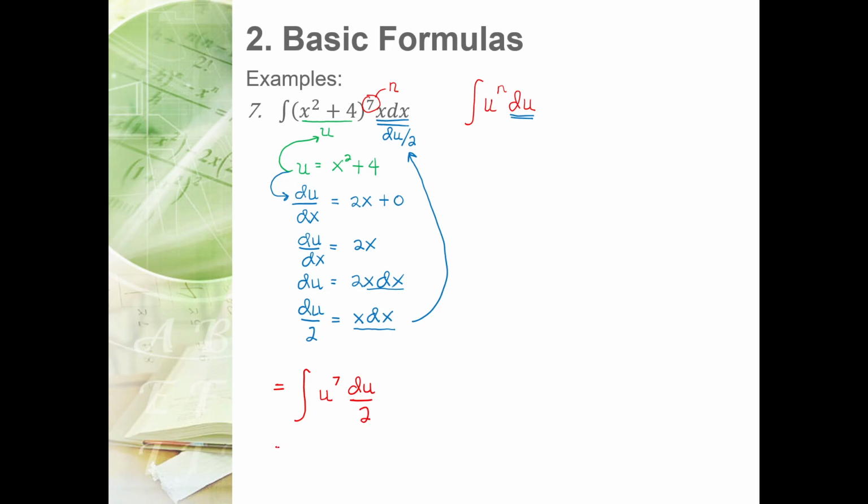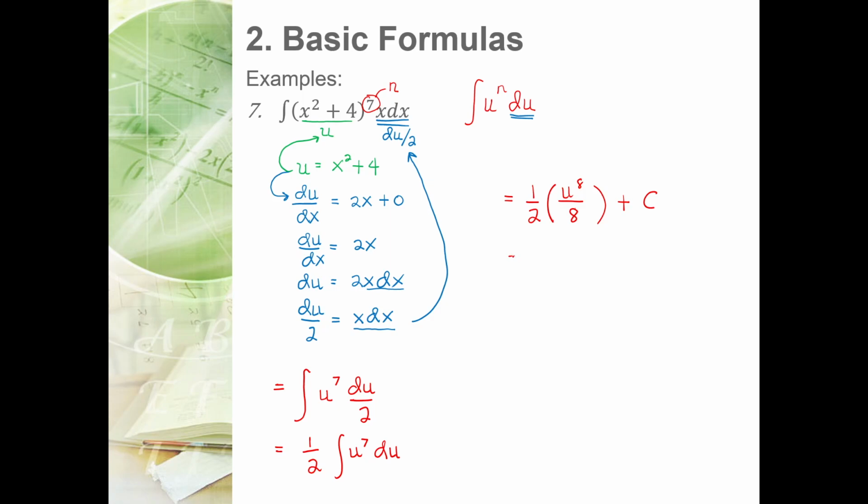You can take the 1/2 outside, so that's u to the power of 7 du. Okay? So that's basic. The final answer is 1/2 u to the power of 8 all over 8 plus c.